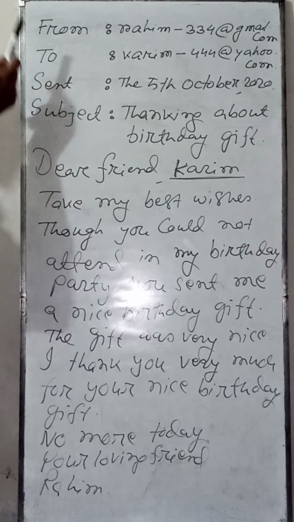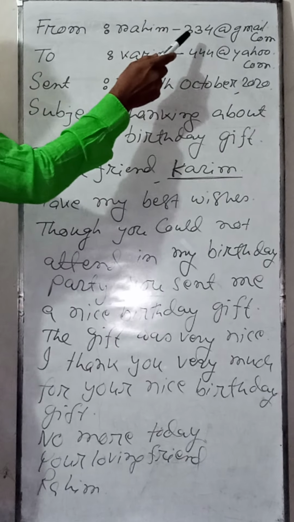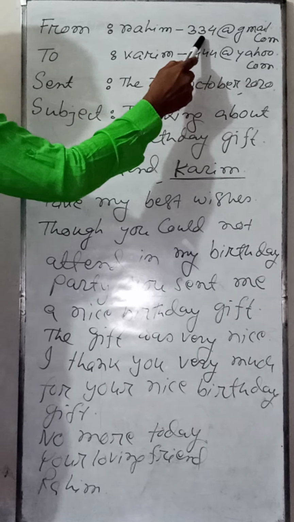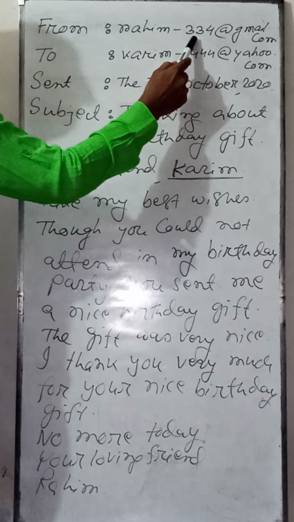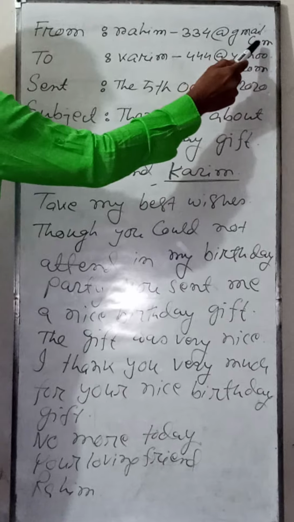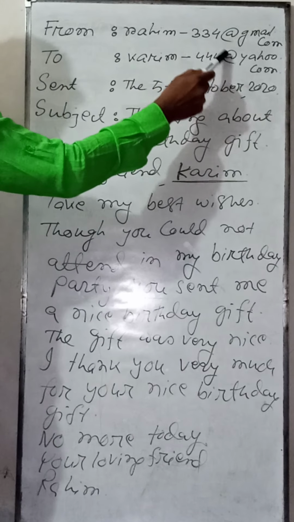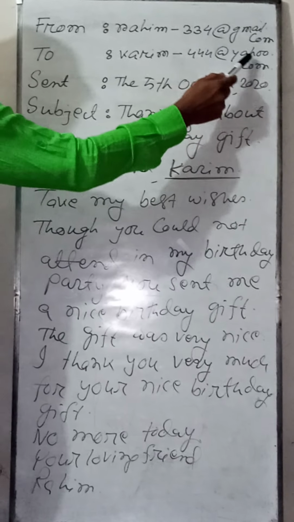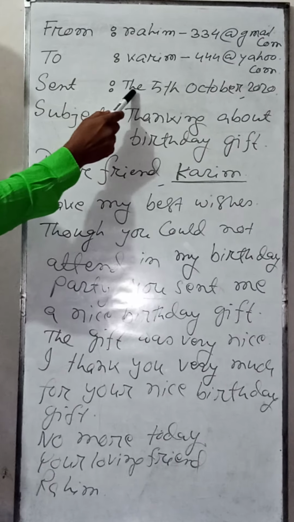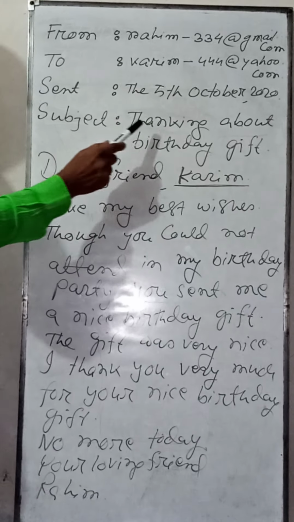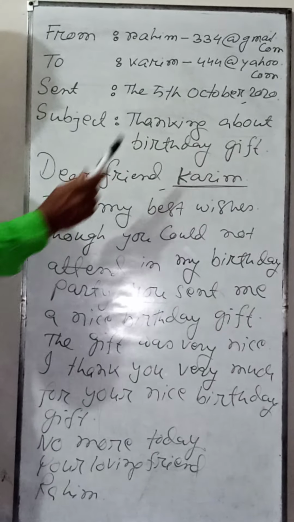Now this is a complete email. You see, from the beginning, from Rohim hyphen, you can write any digit. For an example, I have written this @gmail.com to Korim hyphen any digit @yahoo.com, sent the 5th October 2020. Subject: thinking about birthday gift.